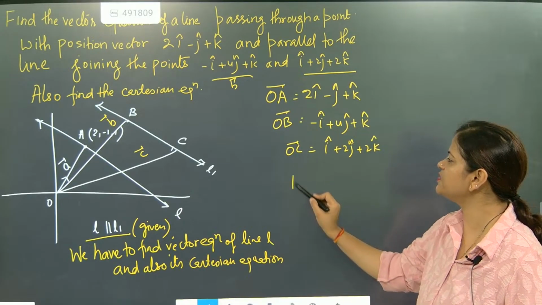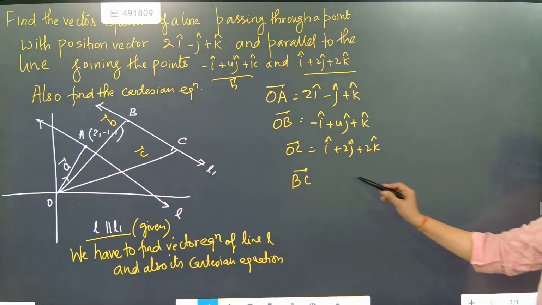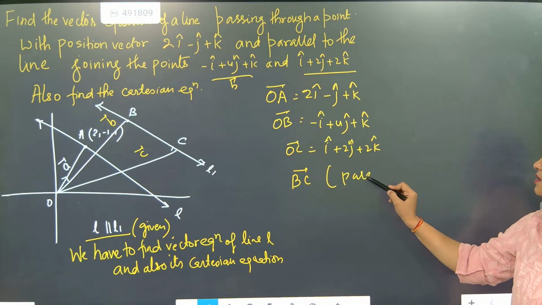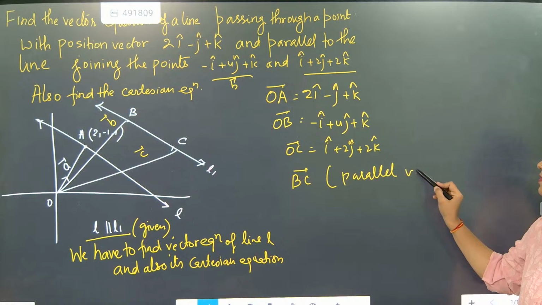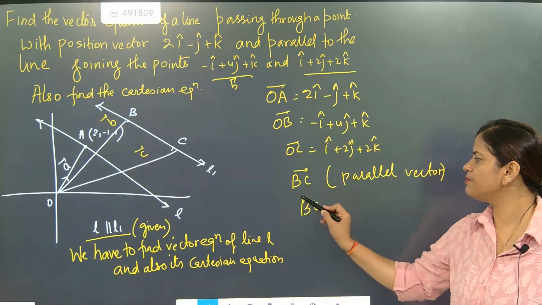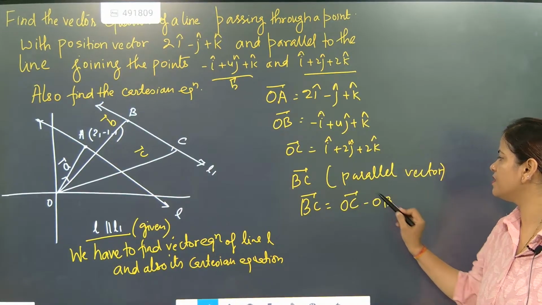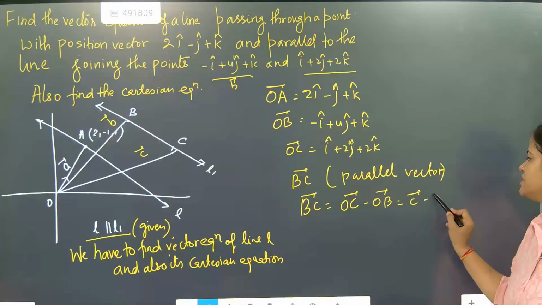So definitely, what is BC? It is the parallel support. BC is considered as the parallel support, the parallel vector. BC vector will be written as OC minus OB, that is C vector minus B vector.